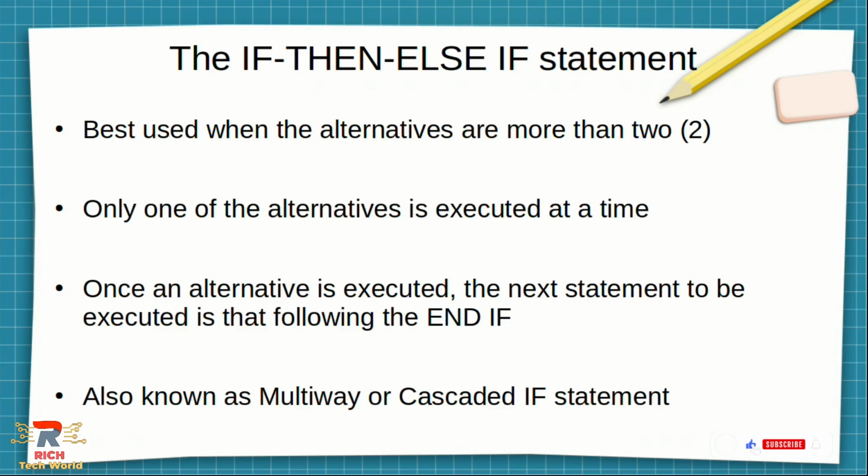Only one alternative is executed at a time. Once an alternative is executed, the next statement to be executed is that following the end if. As we said in the sequence control structures, the program runs from the top to the bottom, so it starts checking the condition from the top to the bottom.